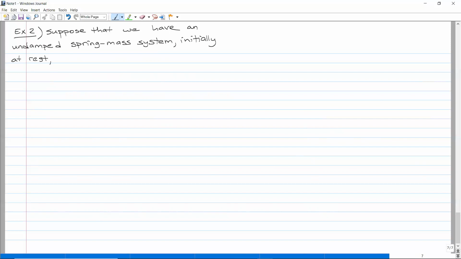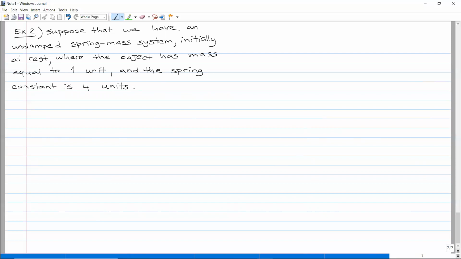This part is for the initial conditions, where the object has mass equal to 1 unit, and the spring constant is 4 units. Initially, there is no external force on the system.